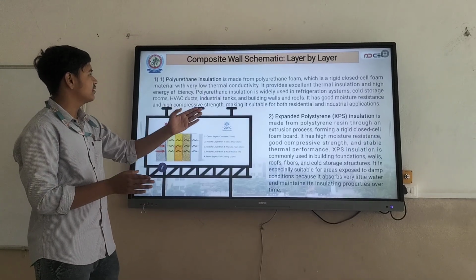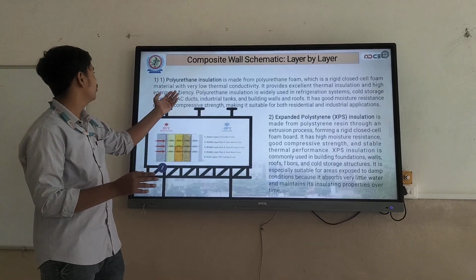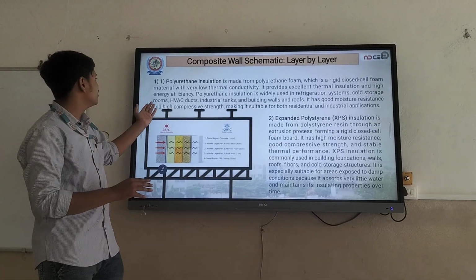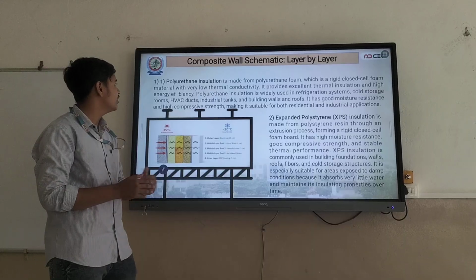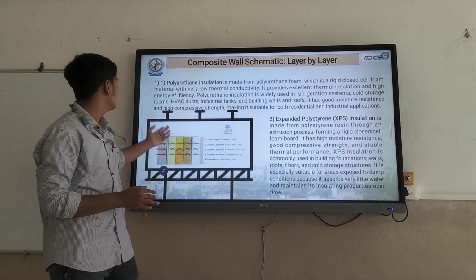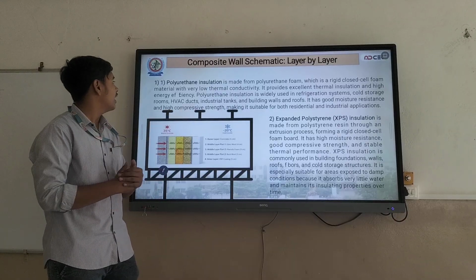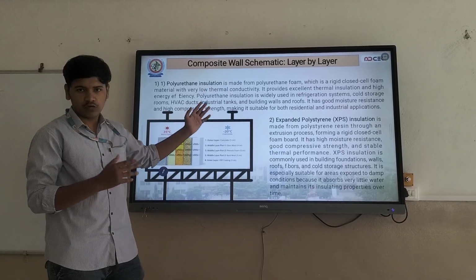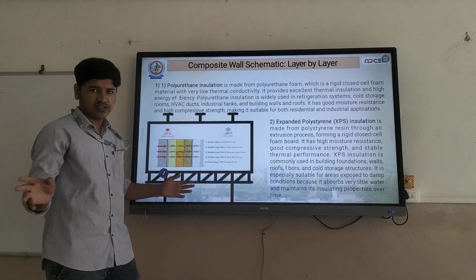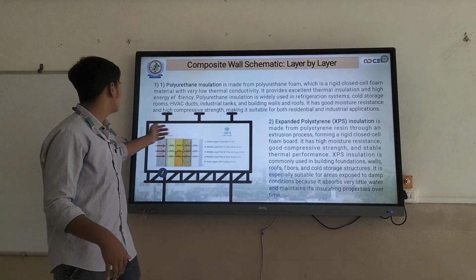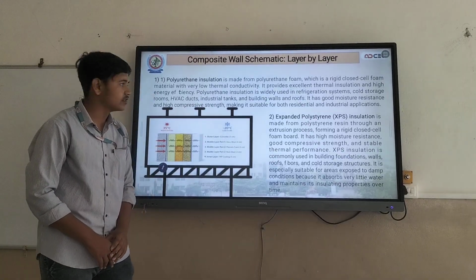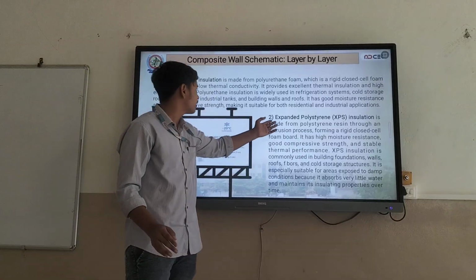Polyethylene insulation is widely used in refrigerated systems, cold storage rooms, heavy duty tanks, and building roofs and walls. It has good conductivity, is moisture resistant, and has good compression strength, making it suitable for many applications.